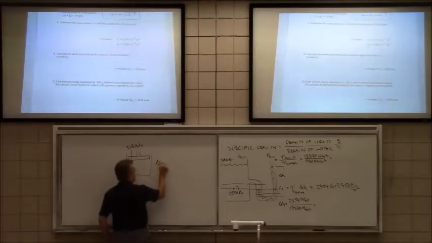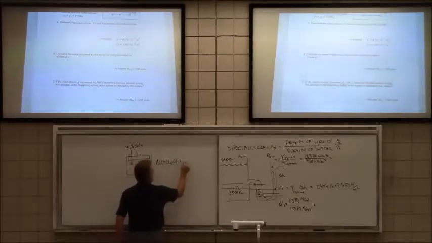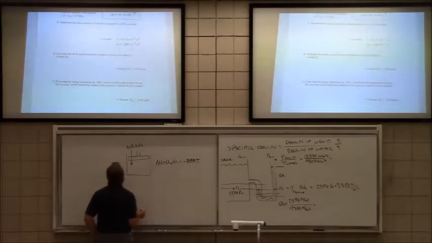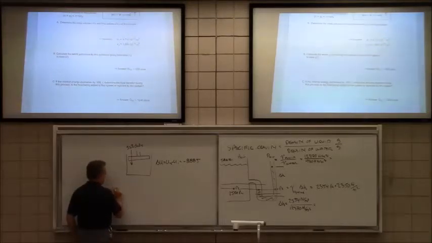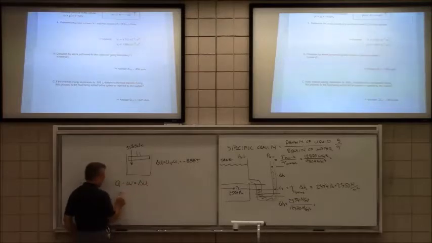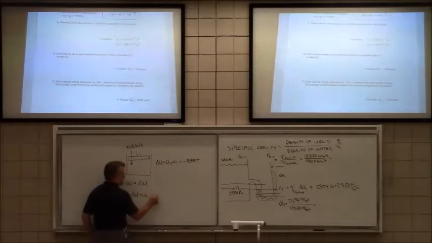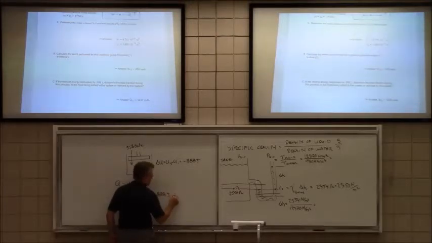My change in internal energy, which is U2 minus U1, is going to be a negative 888 joules. And we want to figure out what the heat is. So heat minus the work is equal to delta U. So let's pull the work to the other side. Q is equal to delta U plus the work. This is equal to minus 888 joules minus 356 joules.